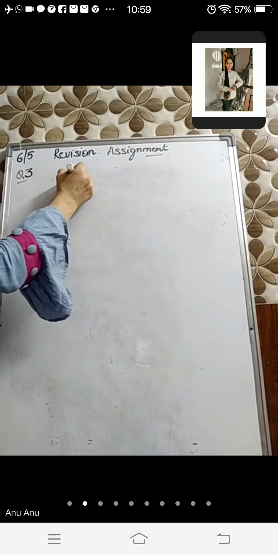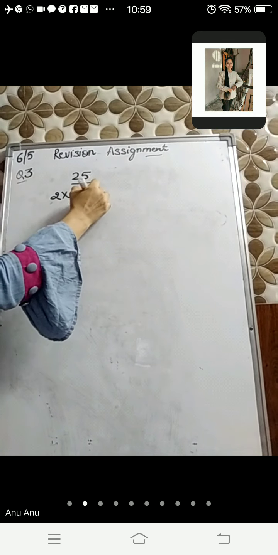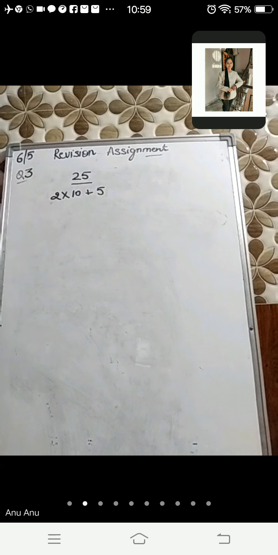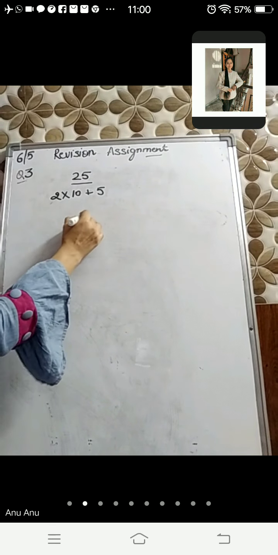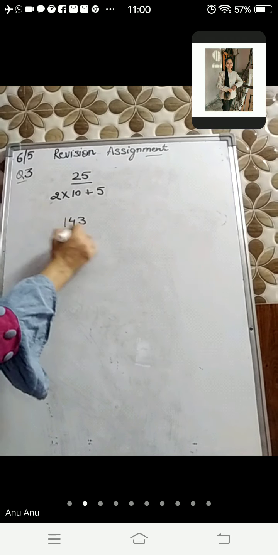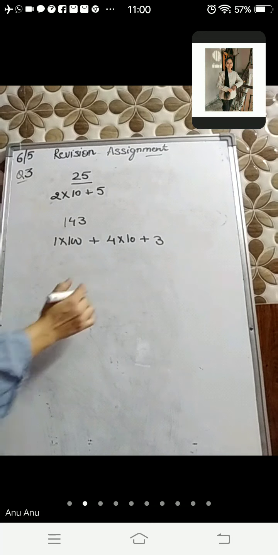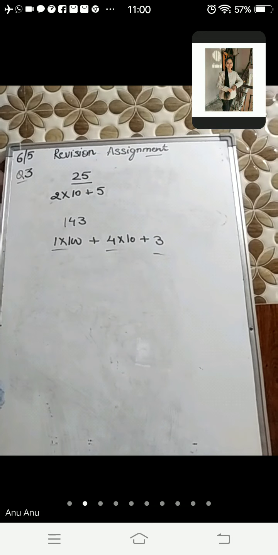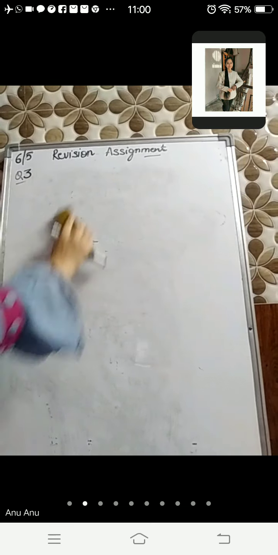As you know, whenever we talk about a 2-digit number, it can be written in the expanded form, for example 25 is 2 into 10 plus 5, since 2 is at the tens place. If the number is 143, then 1 into 100, because 1 is at the hundreds place, 4 is at the tens place, and 3 is at the ones place. So you will write its expanded form like this. In the same manner, you will proceed with question number 3.